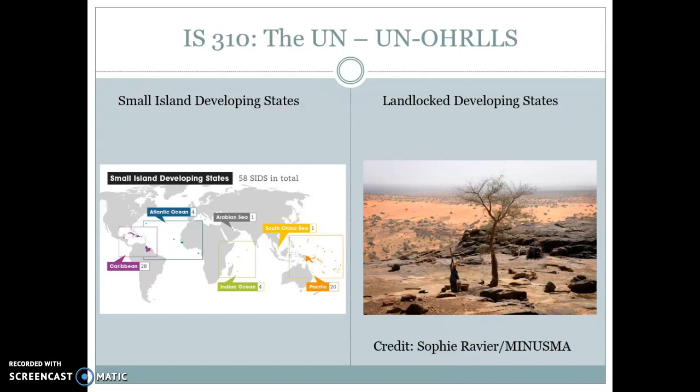For example, in the United States and other states that measure high on the HDI or who have big economies, if you have a downturn in one part of your economy, it may impact your overall economic health, but not as much as in a smaller state where the product of your economy is typically one thing. And so if that one thing has a shock, then you're in real trouble.